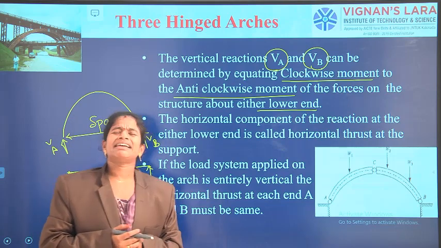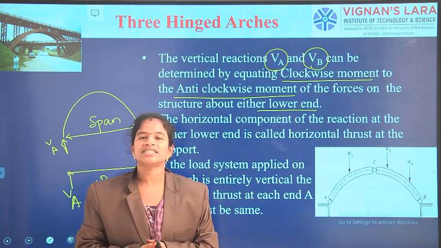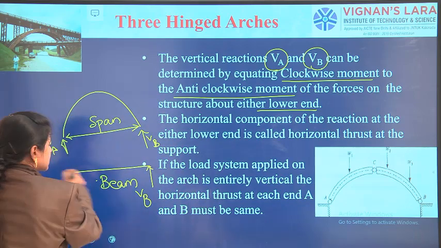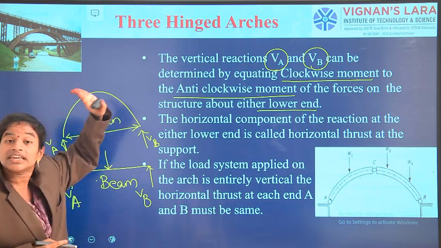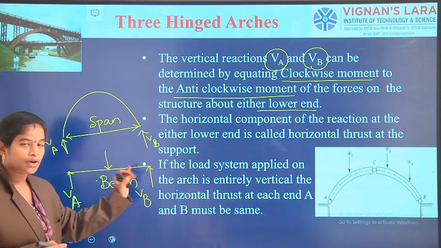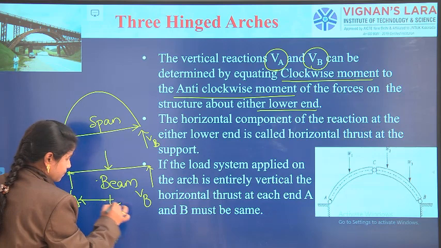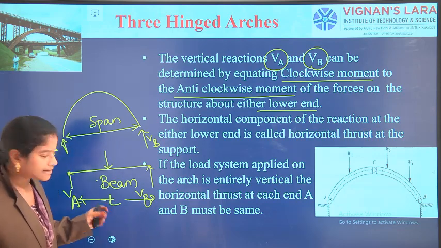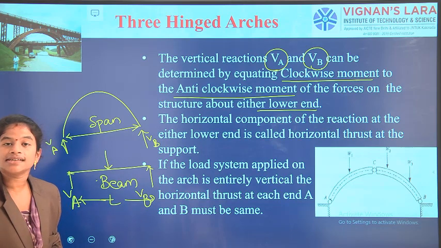Generally, for a simply supported beam, how do we calculate support reactions? Just think of a simply supported beam of length L, carrying a point load. Please don't think about the arch. How do we calculate the support reactions?